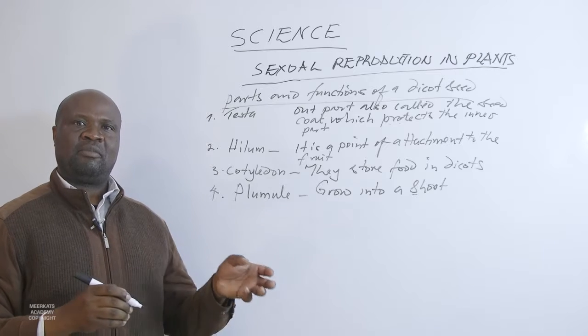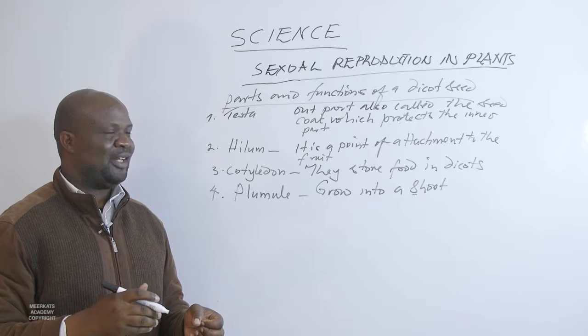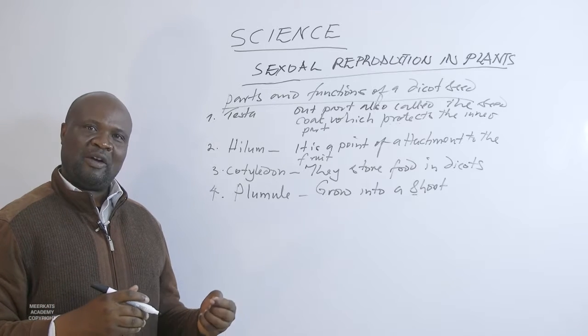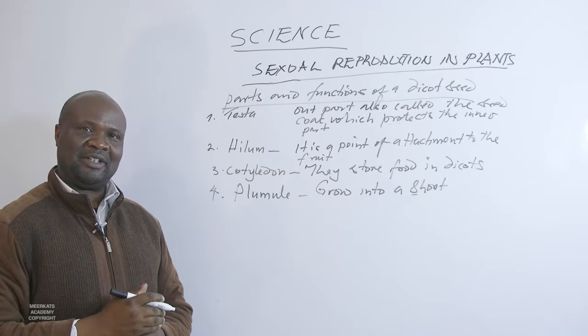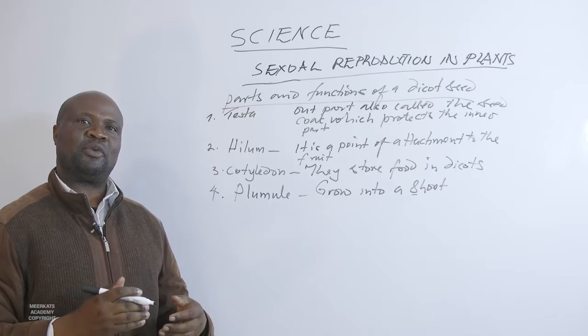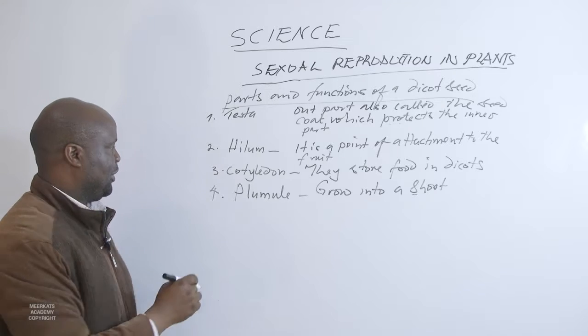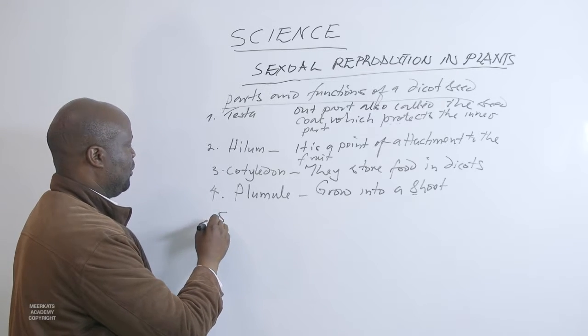The shoot will become that particular plant, the big flowering plant that we have. They were once a seed and they germinated. When they were germinating, they had a plumule that grew into that particular plant. So that's the function of the plumule.